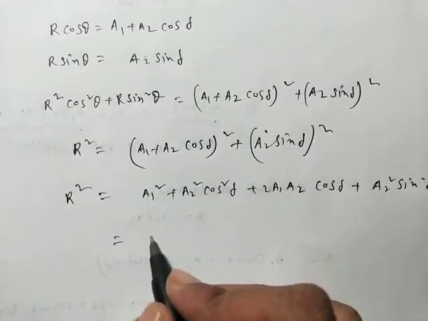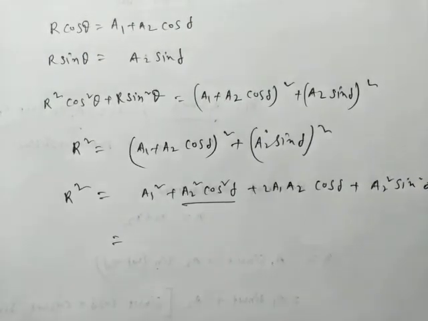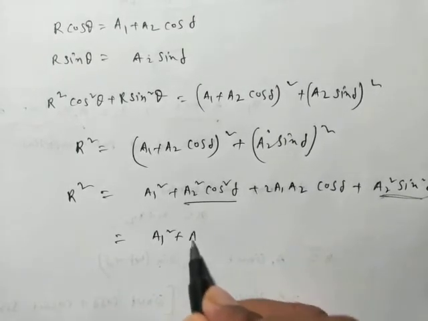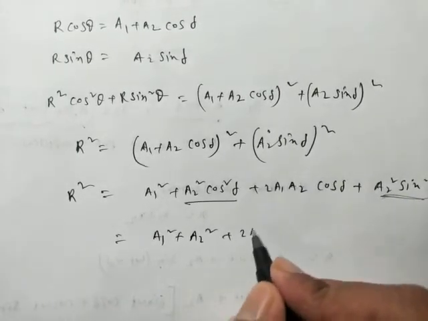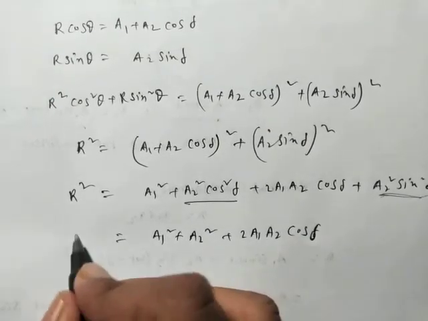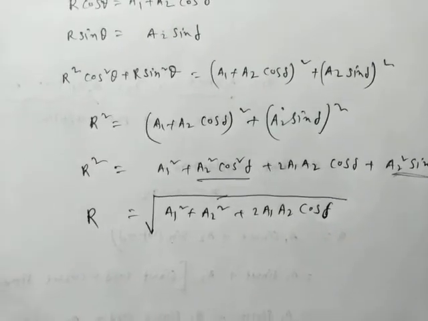From a2 square cos square delta and a2 square sin square delta, we will get only a2 square. So r square is a1 square plus a2 square plus 2 a1 a2 cos delta. So r will be the square root of this. This is the resultant amplitude in terms of a1, a2 and delta.